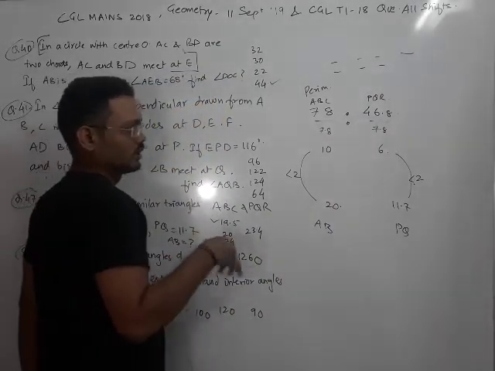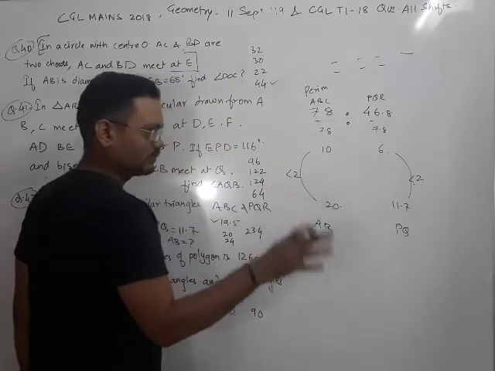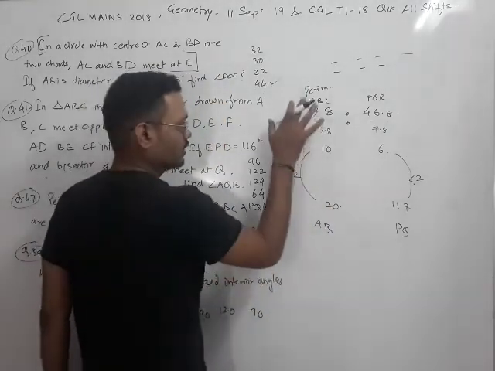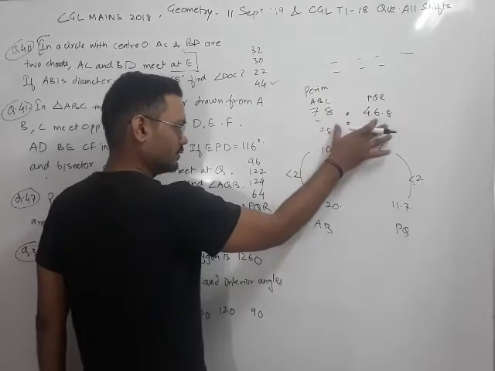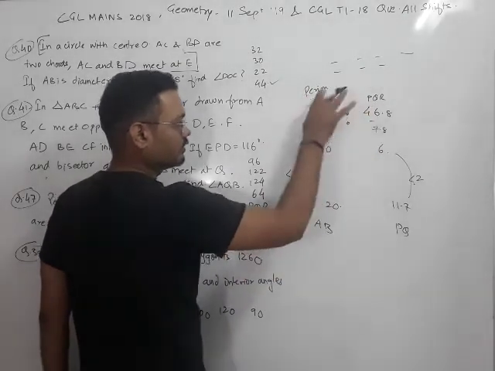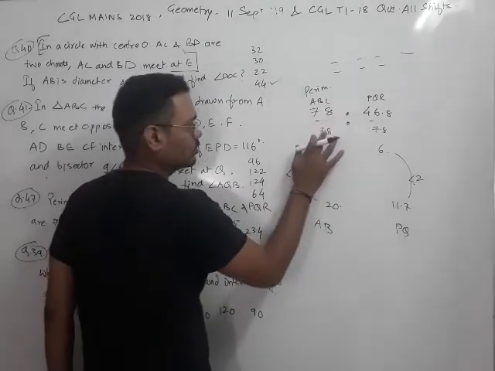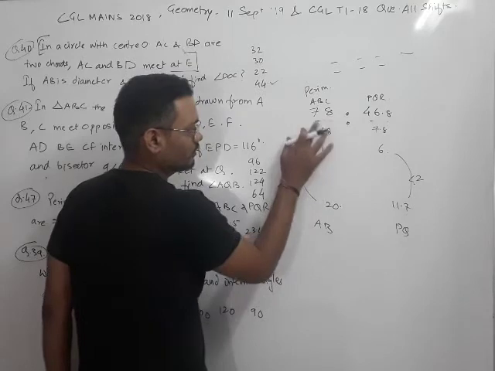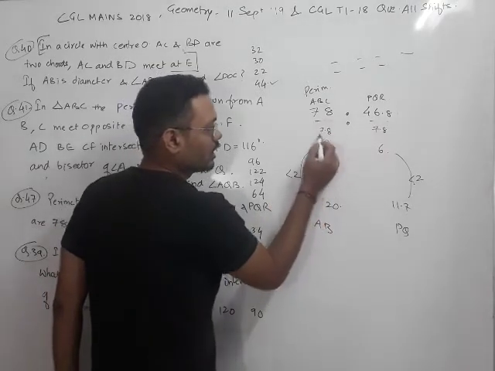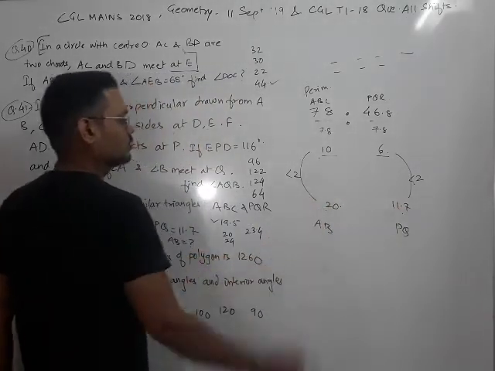Based on very simple logic in maths, if triangles are similar, their area, height, altitude, perimeter, everything is going to be in a similar ratio. So in order to simplify this ratio, I have divided this by 7.8. I am getting the ratio as 10:6. This is twice of it. This also has to be twice of it.